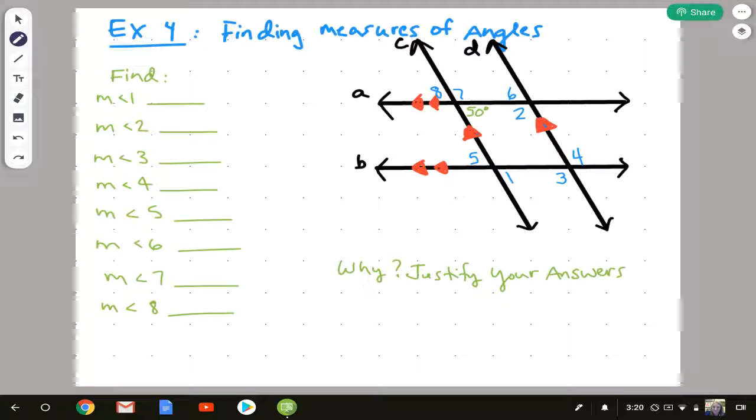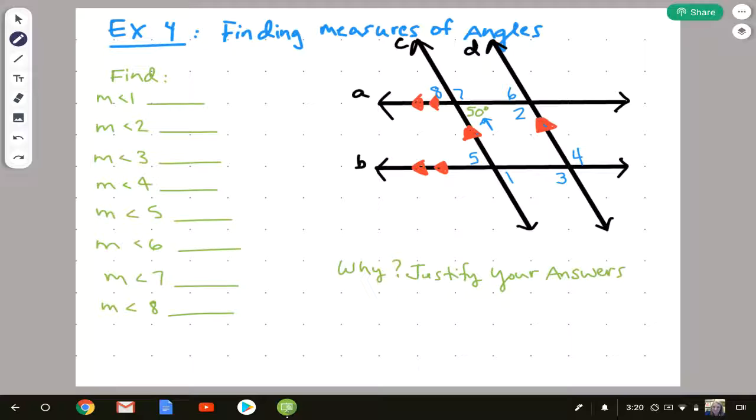Okay, so the first thing that we notice too is that they've given us the measure of one angle, this 50-degree angle. That's the one thing I know that's going to help me find the measures of all the other angles.